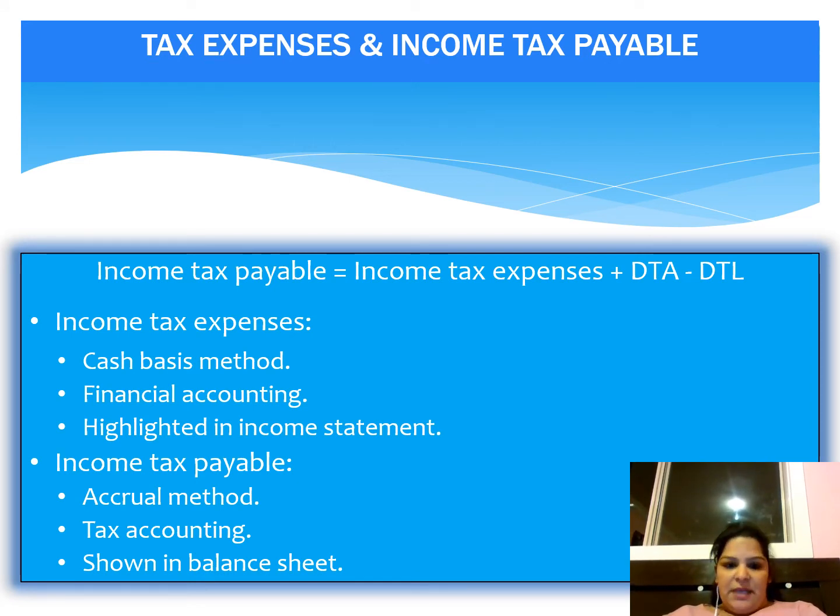First is the cash-based method, and second is financial accounting, which is highlighted in the income statement as income tax payable, using the accrual method. Tax accounting and the balance sheet show this.